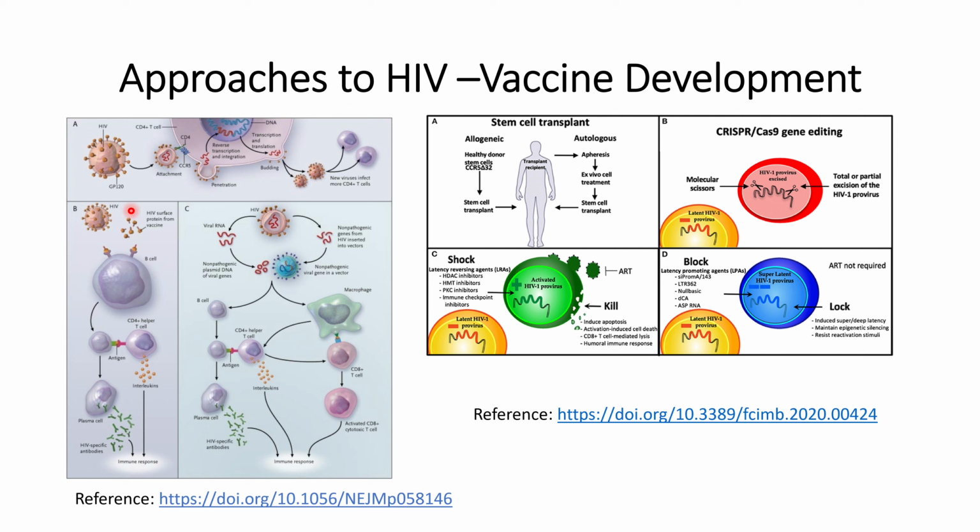In this approach, the HIV surface proteins from the vaccine are brought in contact with the B cells. In this way, B cells become aware of these proteins, which results in activation of T cells that release interleukins, and HIV specific antibodies are made with the help of plasma cells.